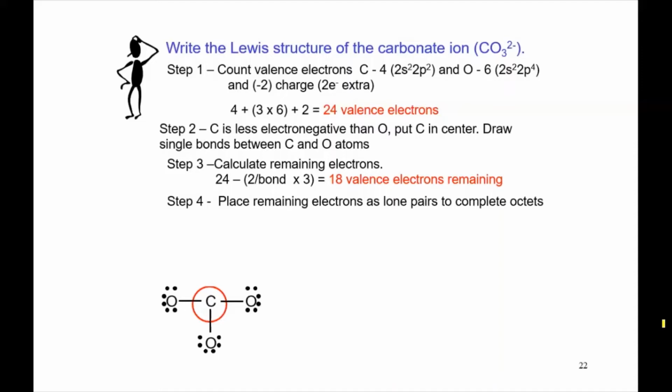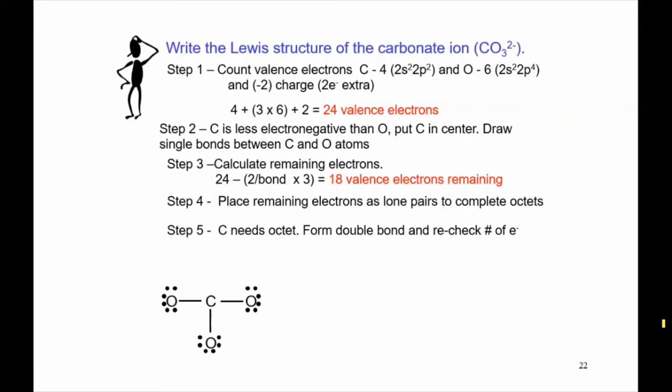Oh, but didn't we add a charge? Yeah. The 2 electrons that make the negative charge are already included in this package, right? Remember, we just put the electrons in a box. Doesn't matter where they came from. What matters is where we're going to put them. So the rule is that since the carbon needs an octet and we don't have any more electrons, we have to basically shift.